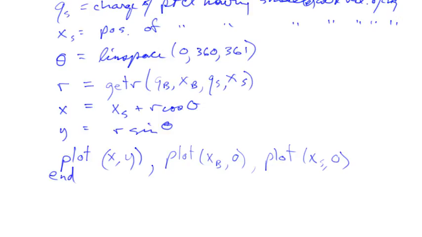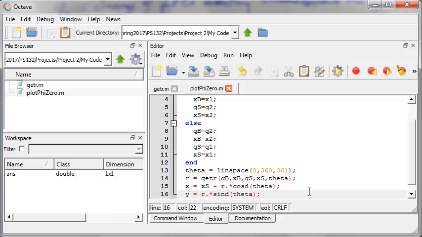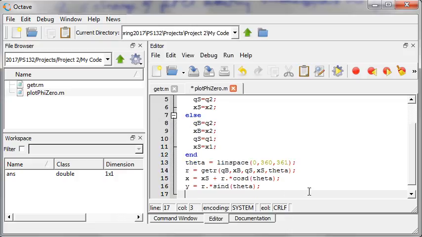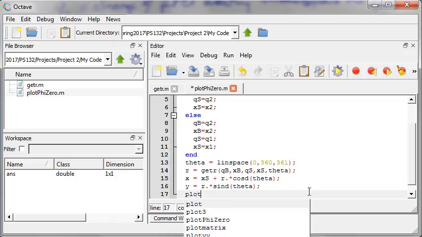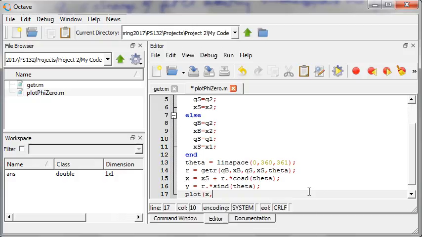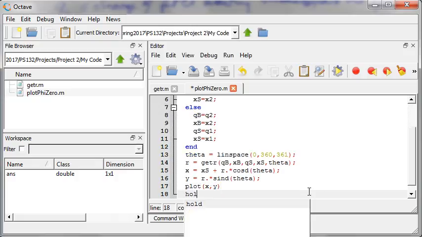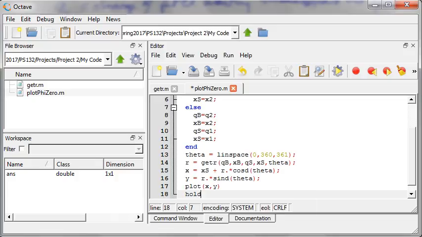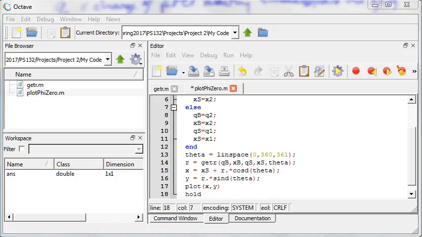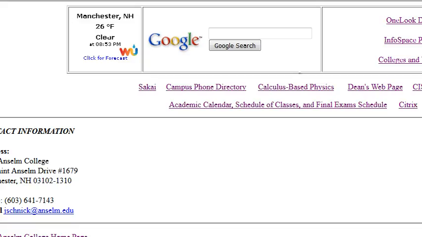So I'm going to plot X comma Y, and I want to hold. The thing is, I want to do another plot without the first plot being erased. So I'm going to look that up. I think it's hold on.